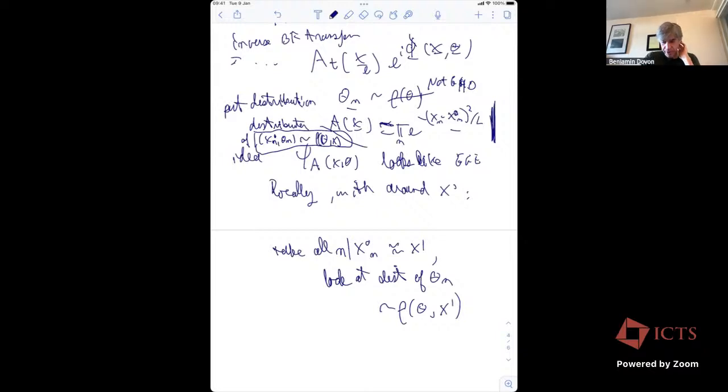Then you see an eigenstate with a certain number of particles in that region, which looks stationary in space and time. And this eigenstate should be, by ETH, well described by a GGE for these values of theta. That's the idea.